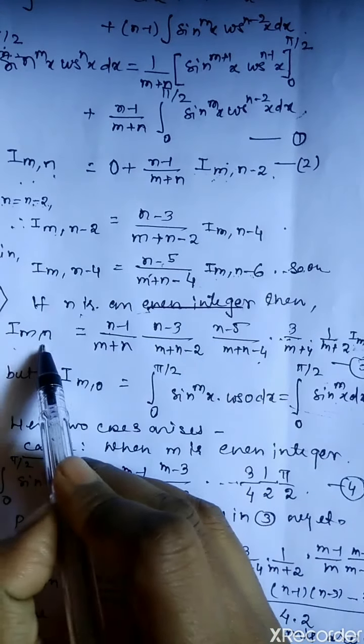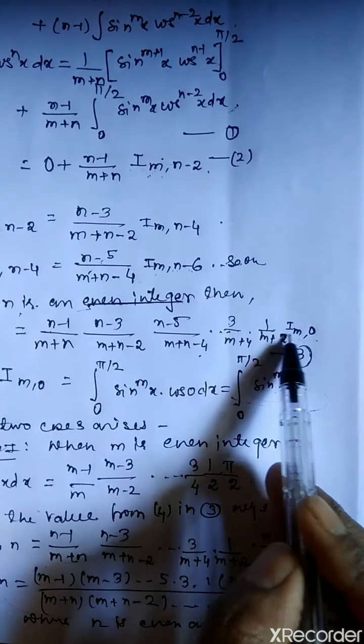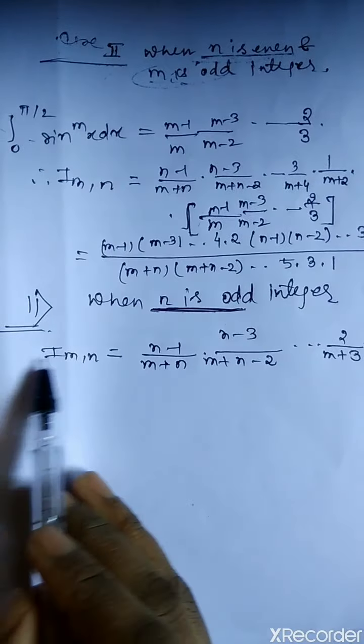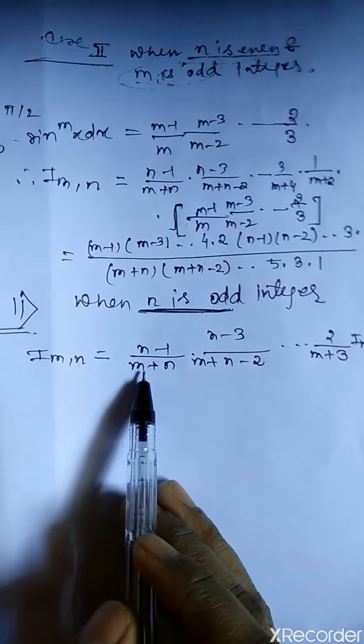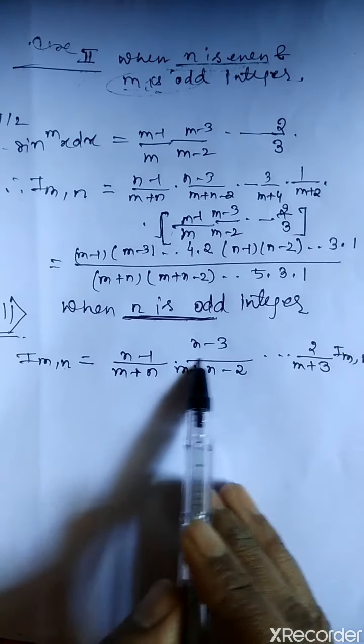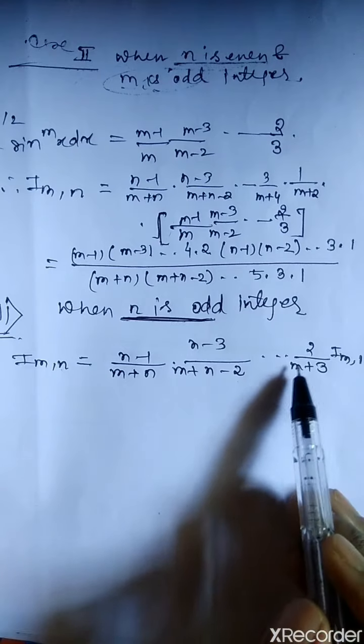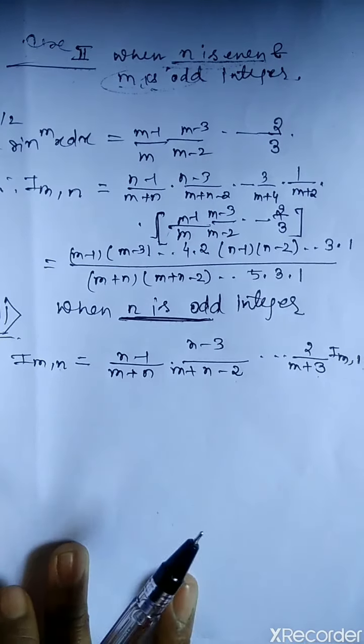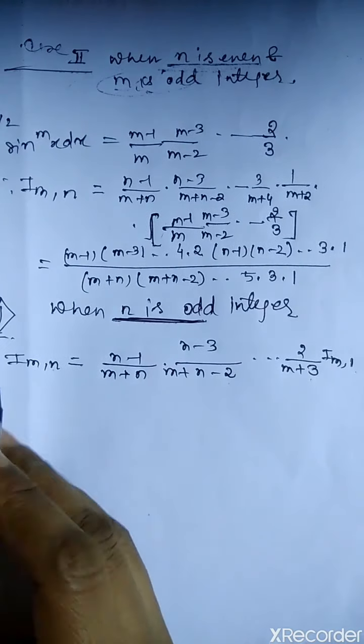So we have I_m,n as this one and I_m,0, but when n is an odd integer, we have I_m,n as this one, ending with 2/(m plus 3) and I_m,1. So let us see what is the value of I_m,1 here.